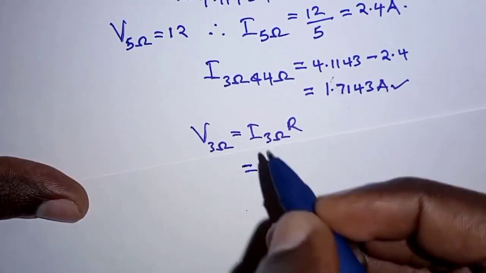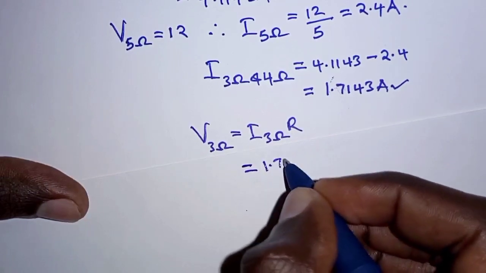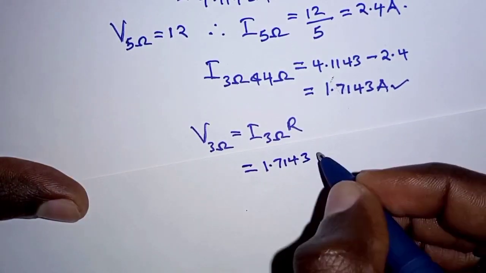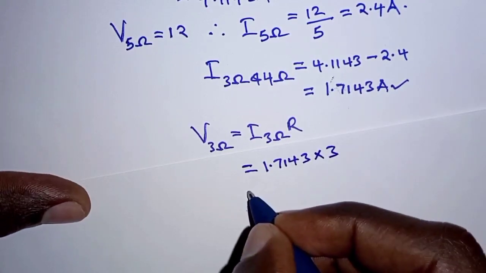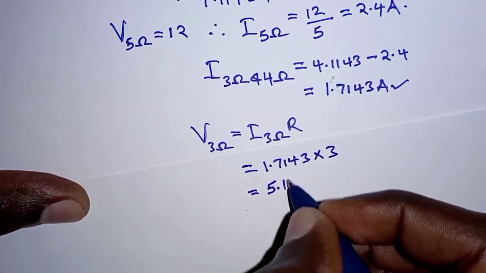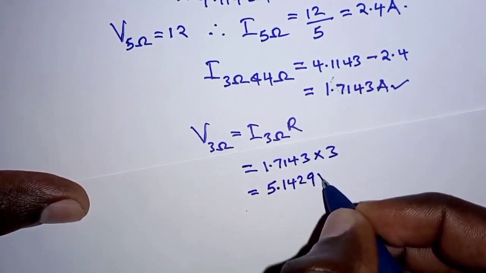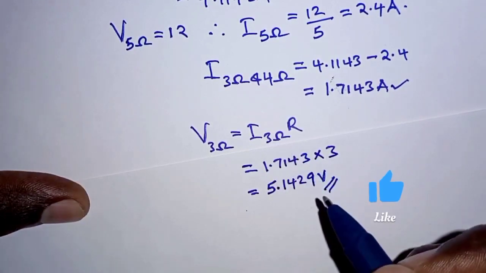So we are going to have 1.7143 times the resistance, which is 3 ohms. And that should be 5.1429 volts. So that is the potential difference across the 3 ohm resistor.